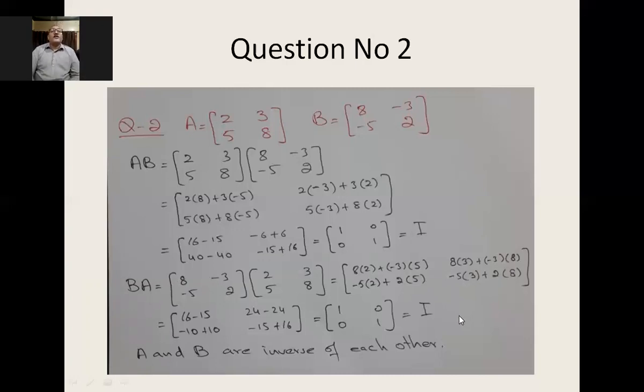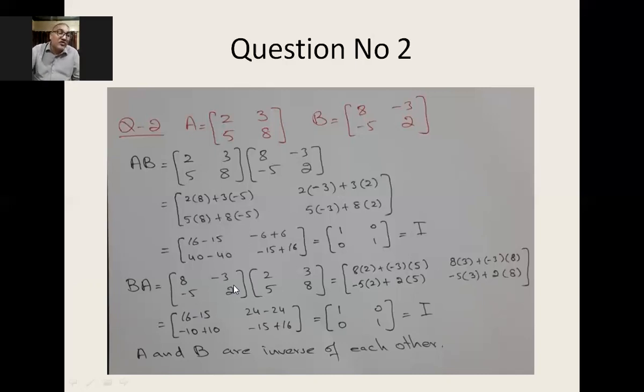So here you see, I'm going to multiply them. You can see 8 multiply 2 plus -3 multiply 5. And then you will have 8 multiply 3 plus -3 multiply 8. Then the second row will multiply with the first column. It will be -5 multiply 2 plus 2 multiply 5.